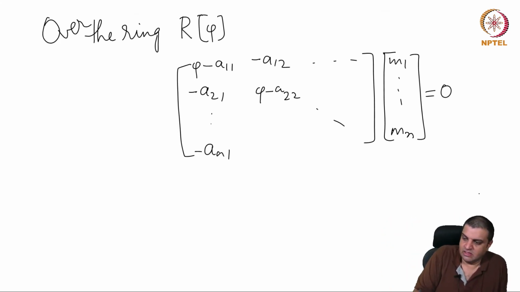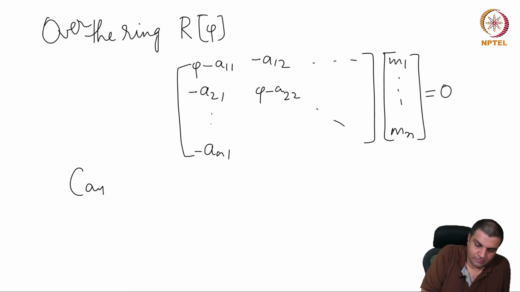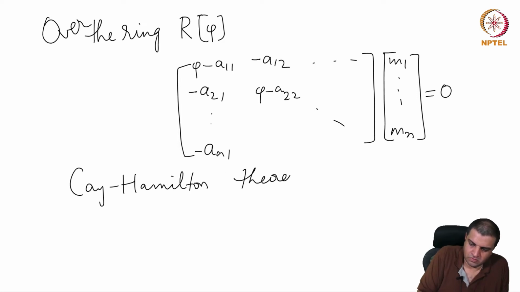That says, now we do Cayley-Hamilton, or rather, not Cayley-Hamilton, Cramer's rule, I'm sorry.